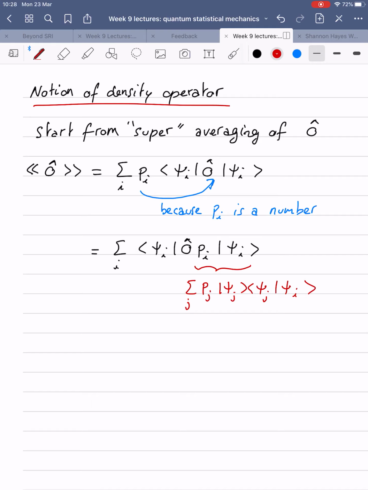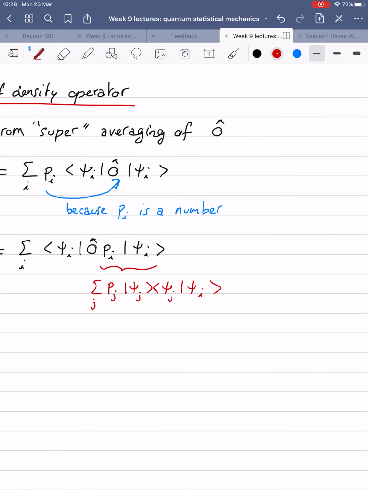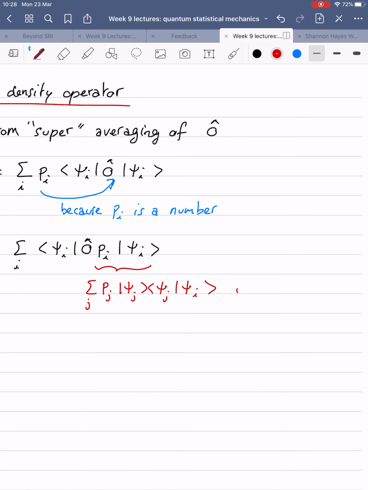Now this is equivalent if <psi_j|psi_i> is equal to delta_ij. So here I'm assuming that this sample space, these states, are orthonormal, form an orthonormal basis. If that's not the case, then I can't write it down this way.